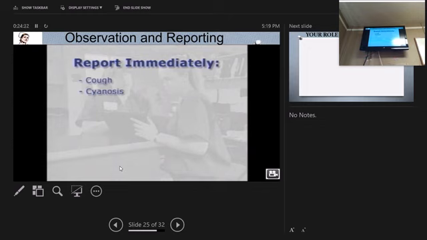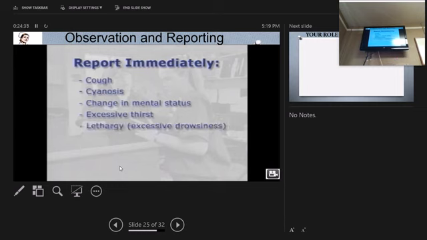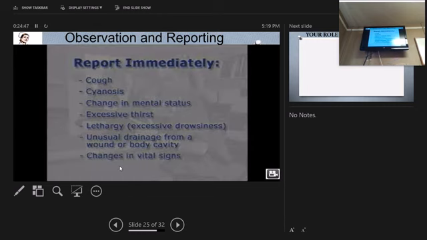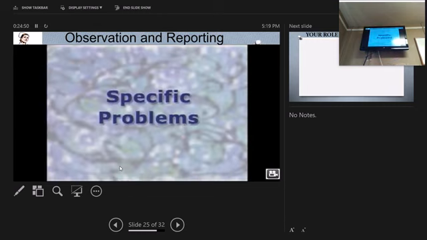In dark-skinned residents, this is noted in the mucous membranes, lips, and nail beds. Change in mental status, excessive thirst, lethargy or excessive drowsiness, unusual drainage from a wound or body cavity, or changes in vital signs.